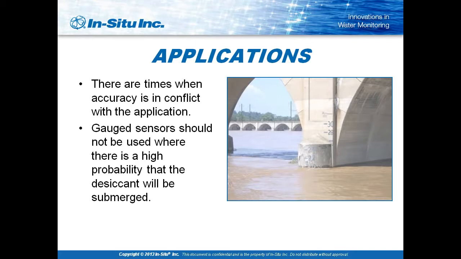The first thing is you're going to get water into that vent tube, and as soon as you get water into the vent tube, the mechanical equilibration of barometric pressure is compromised. The second thing is, given enough time, that water is going to work its way down that cable and into the sensor itself, and at that point, of course, it's going to short out the sensor, and you're going to have an expensive doorstop.